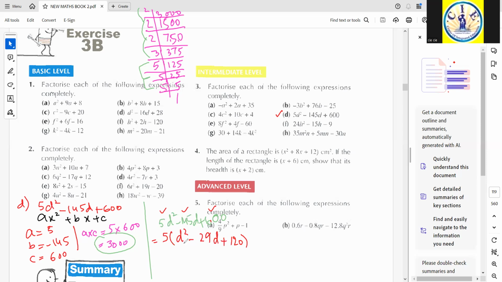Now you see, within this bracket, this is another quadratic expression, with a, the coefficient of d square, being 1, b is 29, and c is 120. If you now consider a times c, 1 times 120, that is 120.